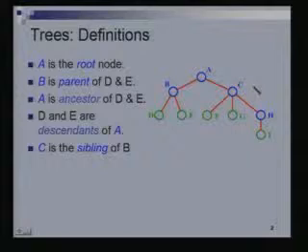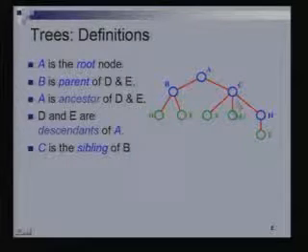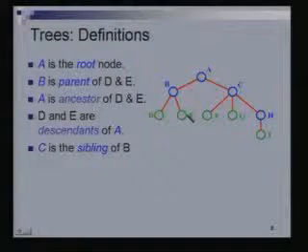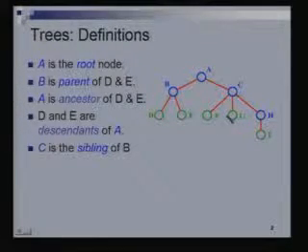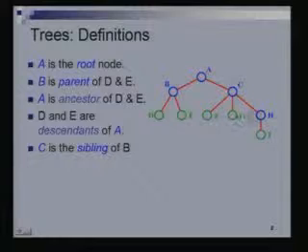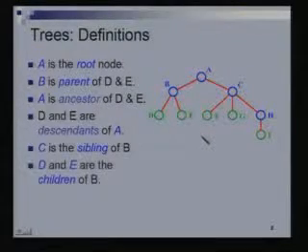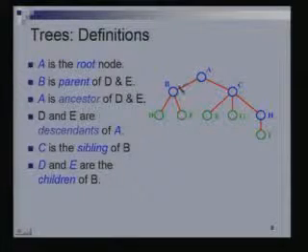B is a sibling of C, C is a sibling of B. G and E are not siblings, please note. F, G and H are siblings. D and E are the children of node B.